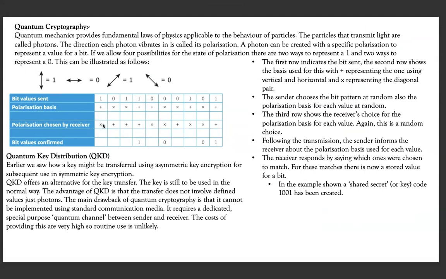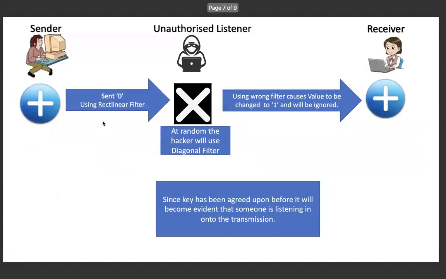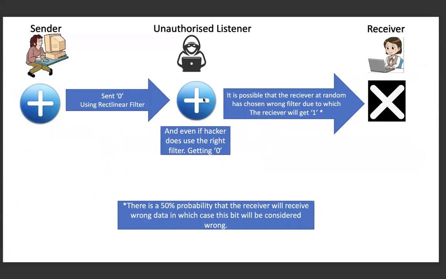But since I chose the wrong filter, I will in any case ignore that bit because it turned out to be a different bit. So that's another way quantum cryptography makes sure that unauthorized listeners don't end up with the right data. So this bit gets ignored nonetheless.